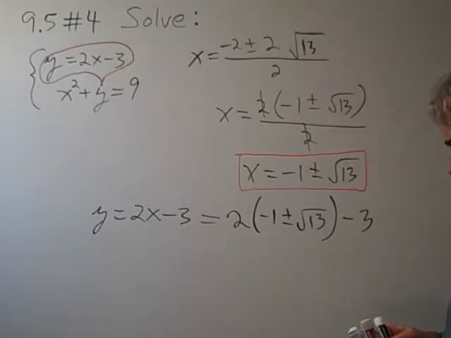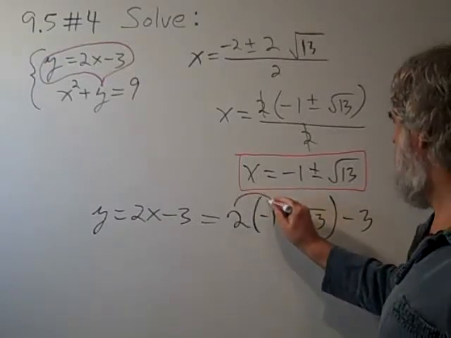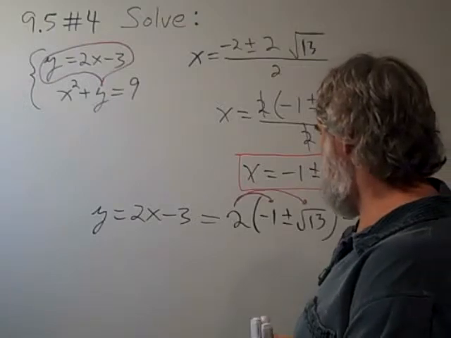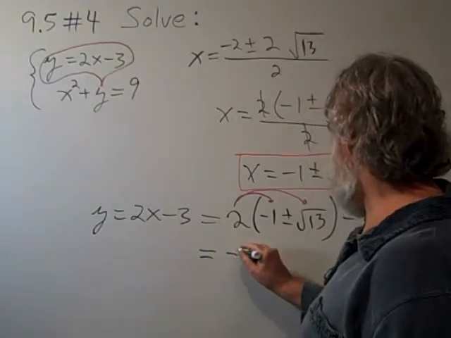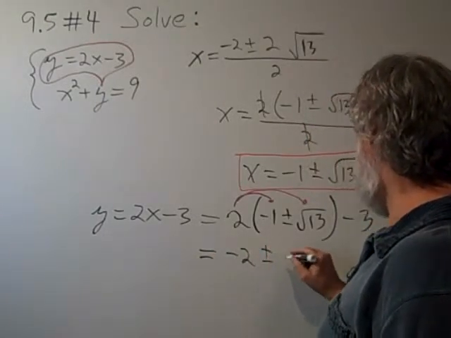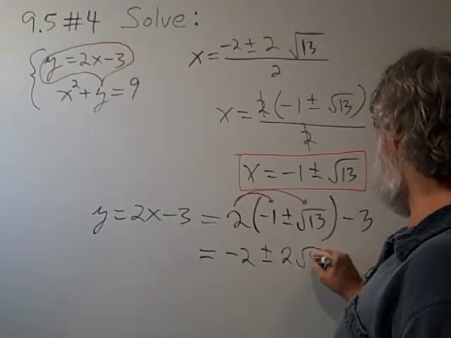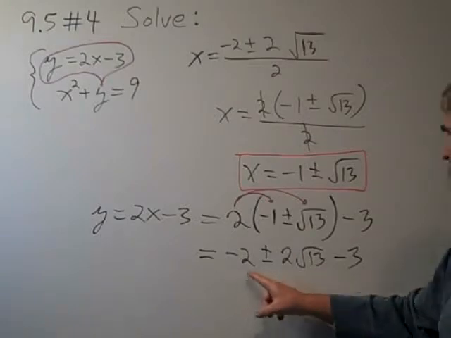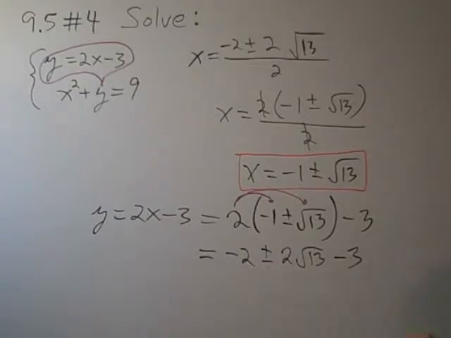Distributing the 2 through the parentheses here, we get that y is equal to negative 2 plus or minus 2 radical 13 minus 3. And the minus 2 minus 3 is minus 5.